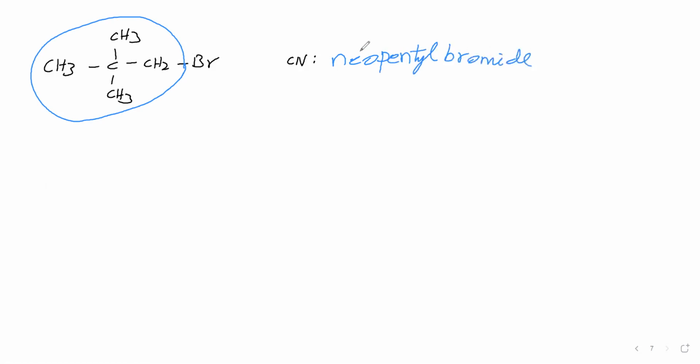So the name of this compound is neopentyl bromide. Another name also is there, that is neoamyl bromide. We can call this neoamyl bromide. Then what is the IUPAC name for this? That we will see. Common name we said in two ways: one is neopentyl bromide, another one is neoamyl bromide.